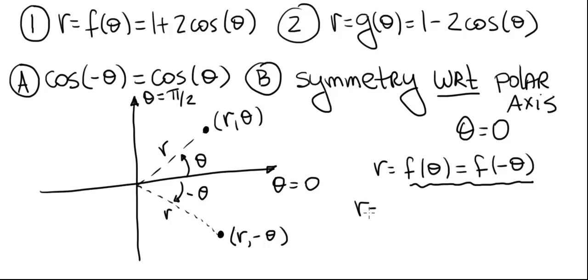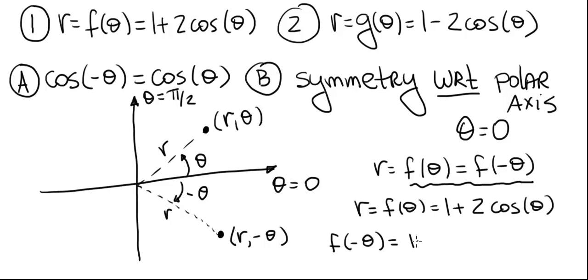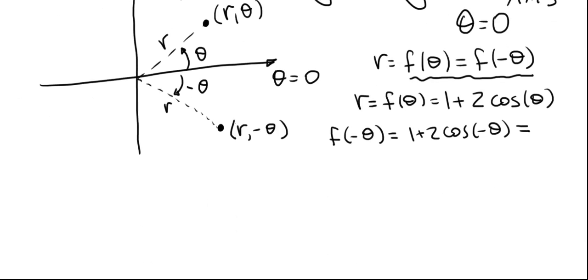Now our first equation is r equals f of theta equals 1 plus 2 times cosine of theta. Let's plug in minus theta for theta. This is 1 plus 2 cosine of minus theta. By result A, cosine of minus theta is the same as cosine of theta.